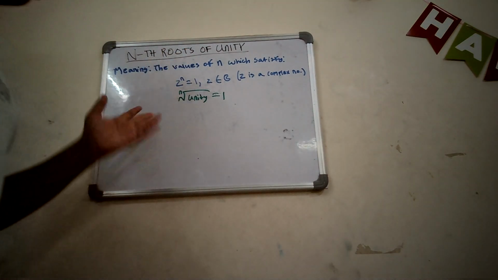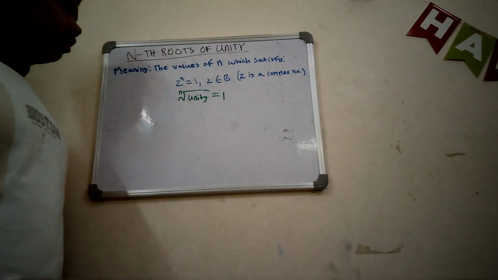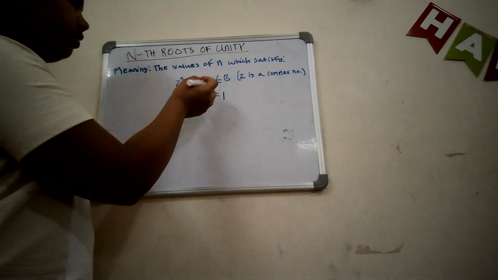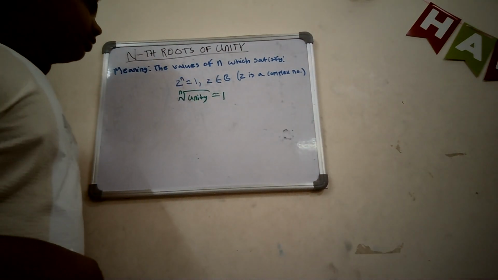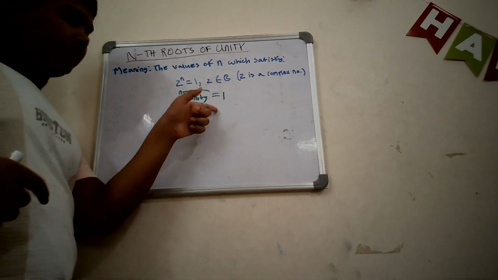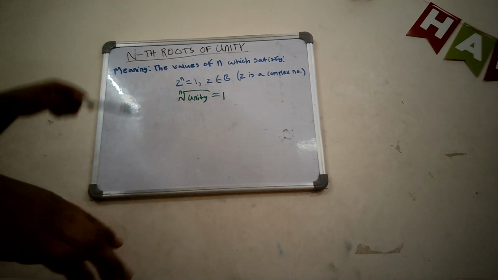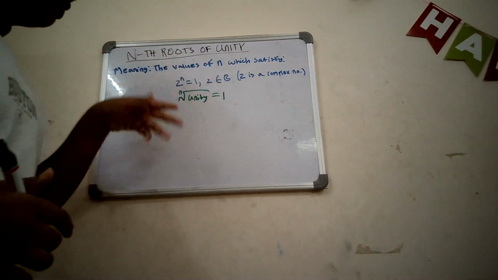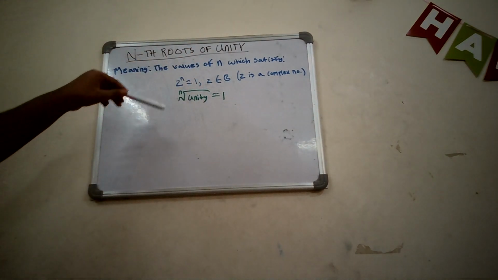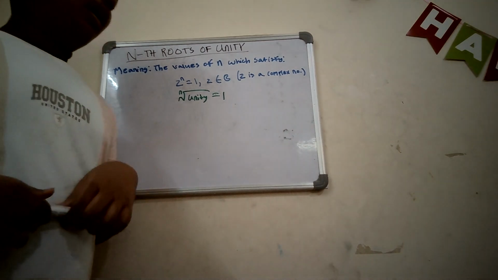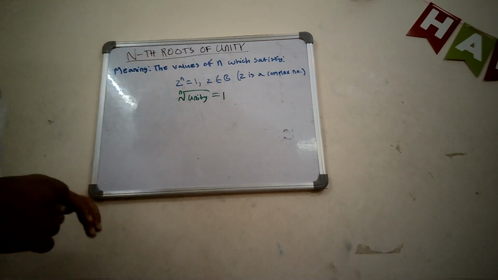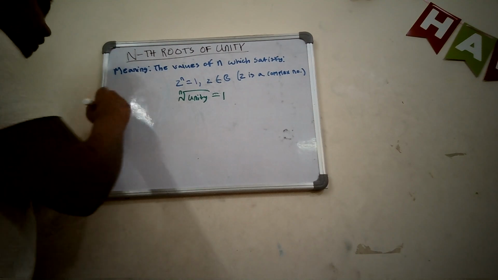What we did is we just took the nth root on both sides, and we can think of it as this also, right? Because of the nth roots of unity, nth roots, this is the word unity, and the reason it's called unity is because I'm going to show the complex plane.